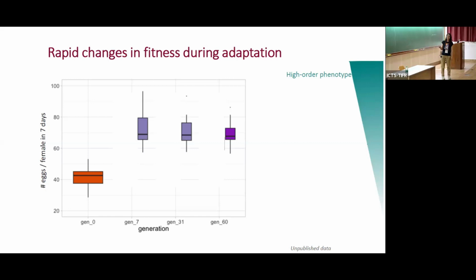And we see that even after a bottleneck and 20 generations of adaptation, we do not observe any significant difference in fecundity. So that may suggest that adaptation is fast, and your new optimal phenotype, whatever that might be, is reached as early as 7 generations.